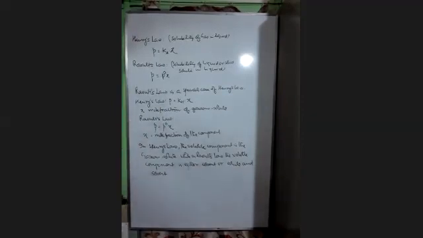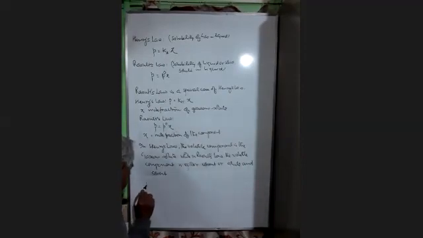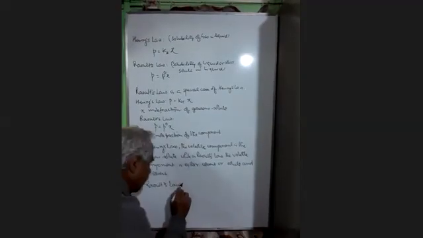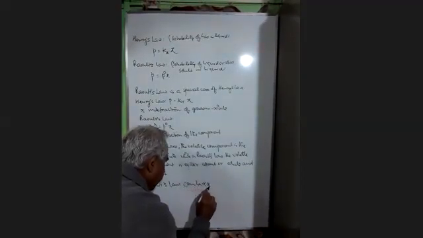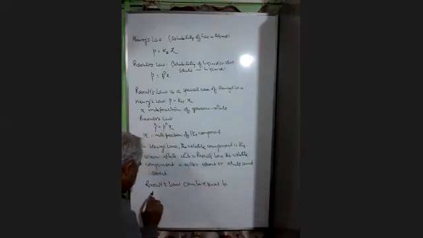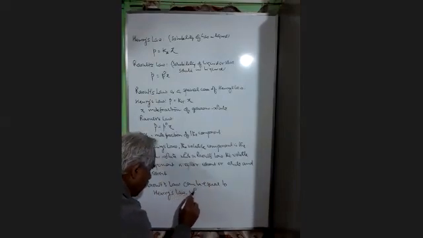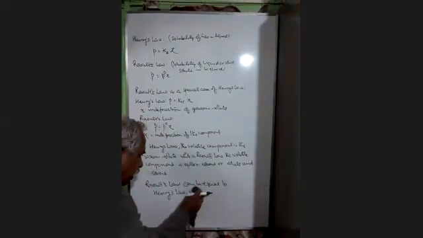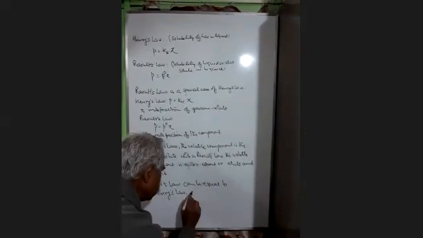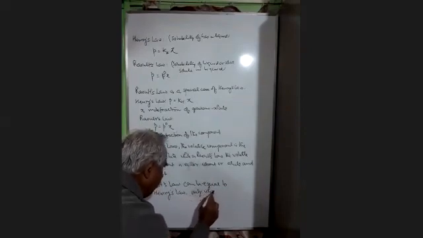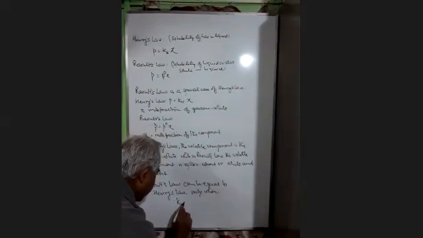Now, how to make them equal? We can write that Raoult's law can be equal to Henry's law only when Kh is equal to P0. This is important for your exam.